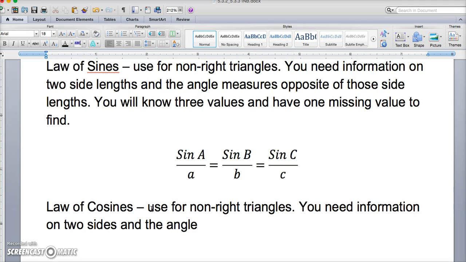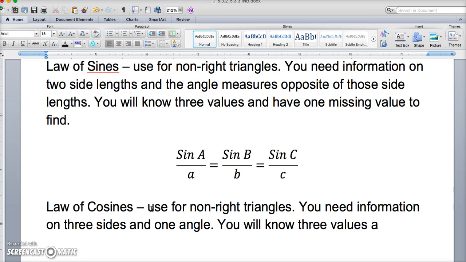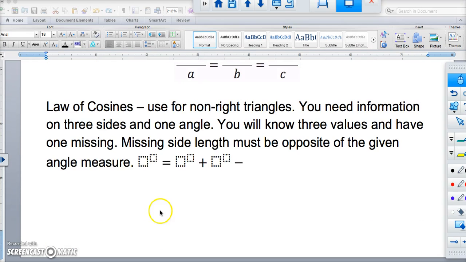No, I don't want to say it that way. 3 sides and 1 angle. You will know 3 values and have 1 missing. But the side length.